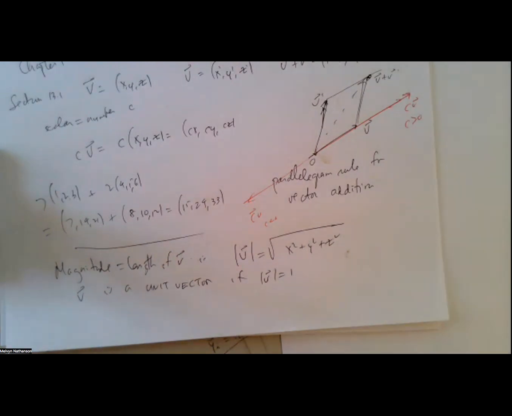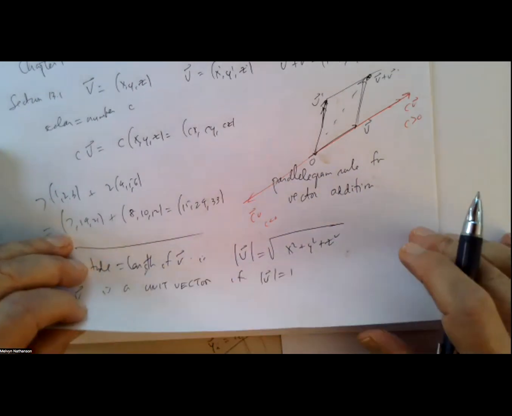And we defined the dot product and the vector product of vectors as follows.